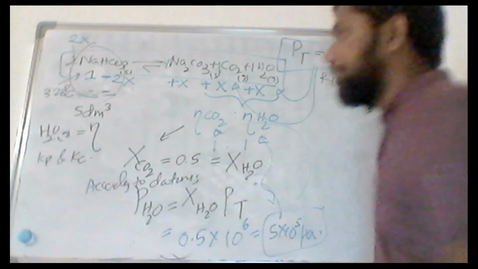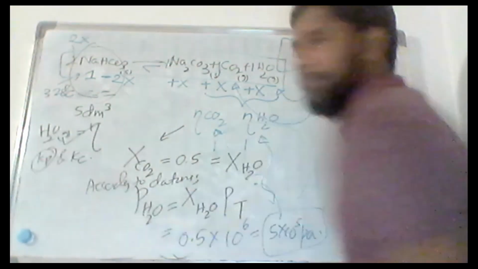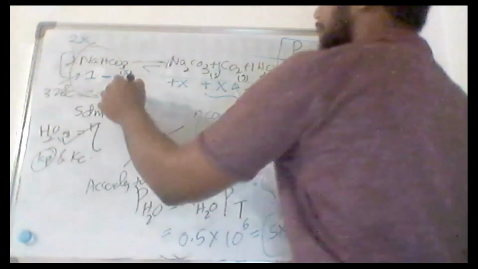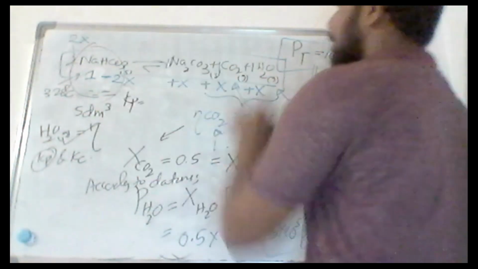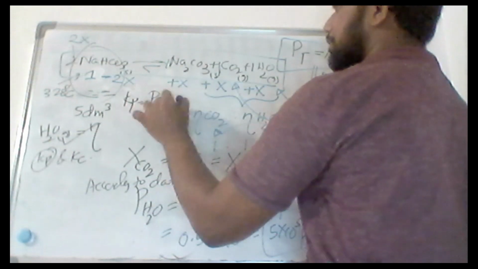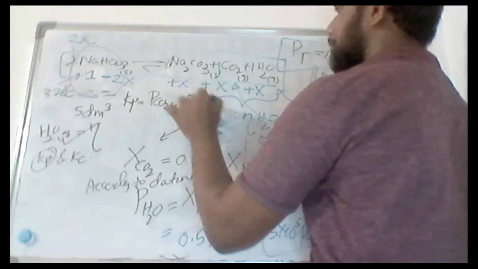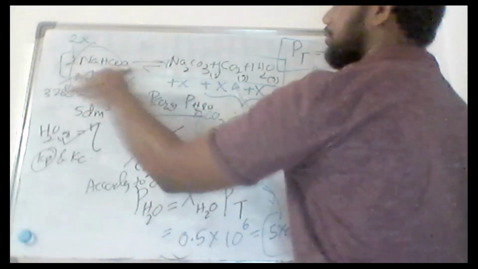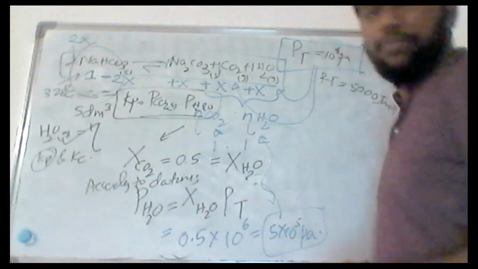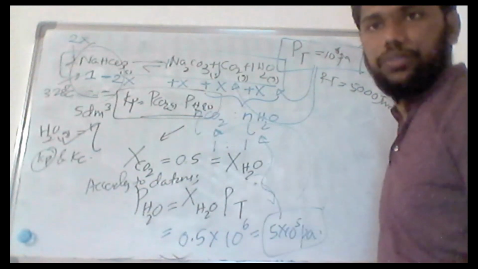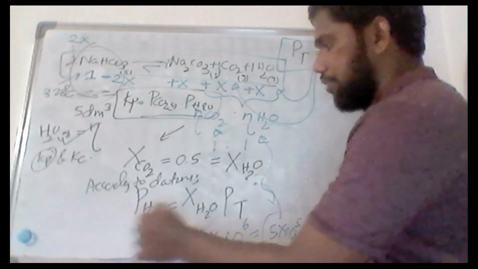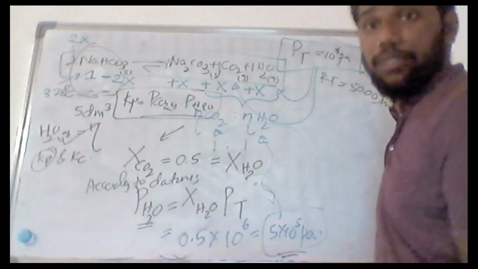But the next question says, now this is done, to find Kp. So the Kp equation for this particular equilibrium, what are the gases? These two are gases. So partial pressure of CO2 gas times partial pressure of H2O gas over the solid. No, nothing is there for the solid. So Kp is just the partial pressure of CO2 times the partial pressure of H2O. So for this one, you need the partial pressure of water as well as the partial pressure of CO2.